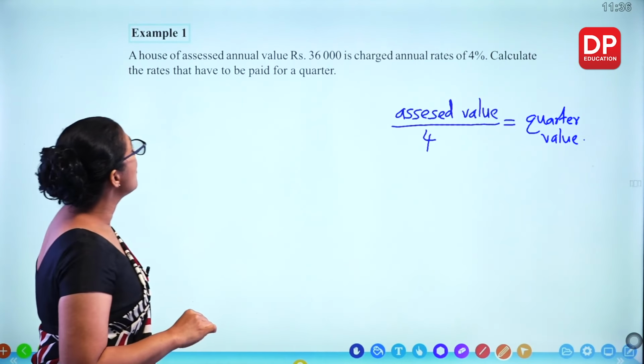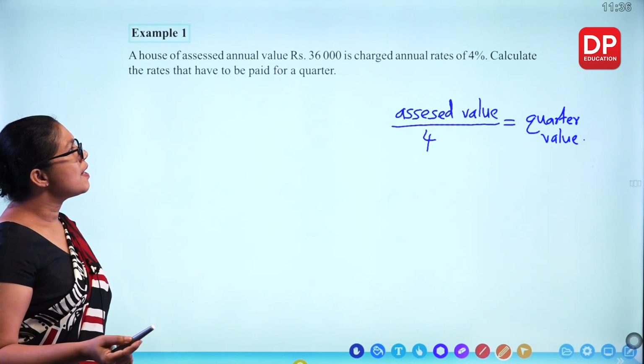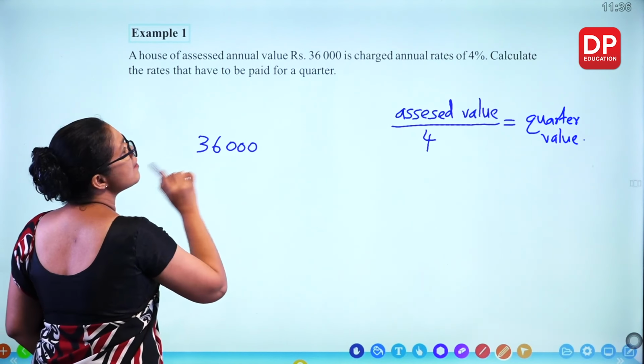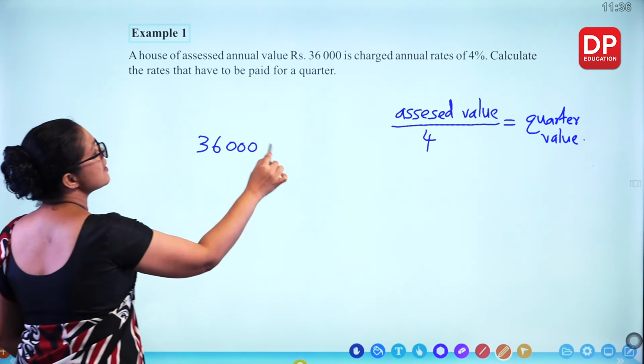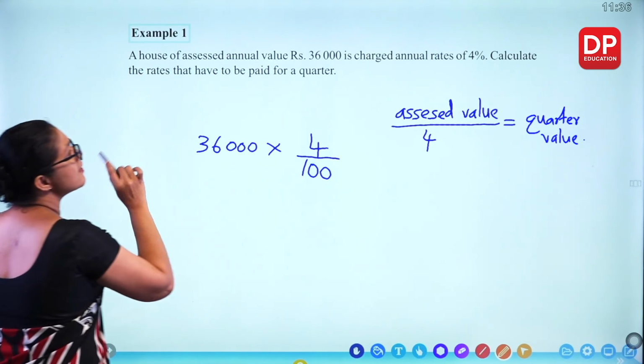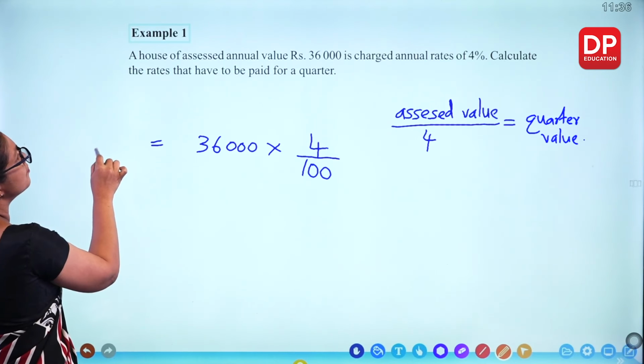So we'll try to find out that value. So what's the amount? 36,000 rupees and 4% of that. 4% means 4 over 100. This is the annual charge.